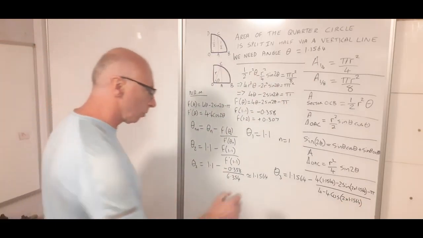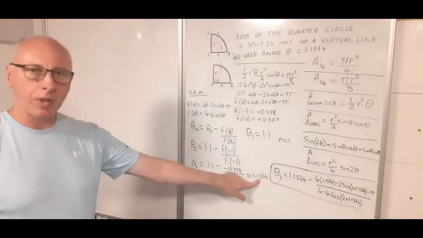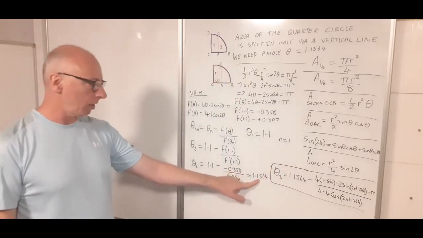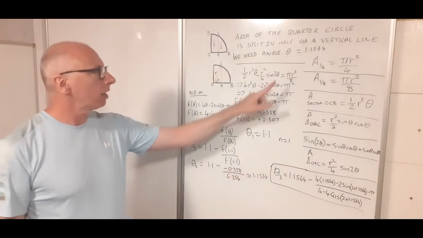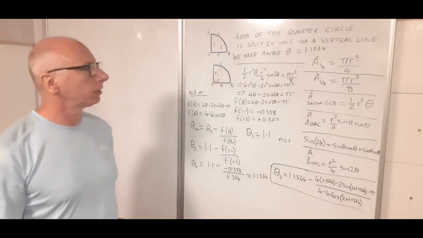I'm going to let you guys work out what theta 3 is. You can put that in the comments if you like, but I'm going to put 1.1564 as a rough estimate, which would be pretty close to our answer, as the angle that we need in radians for this angle here, theta.